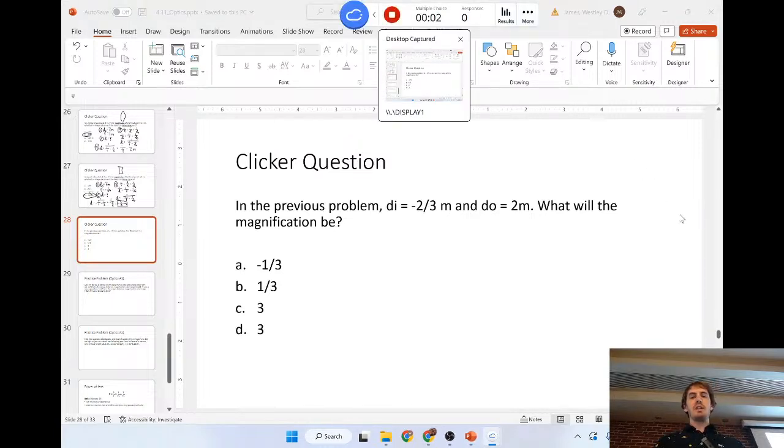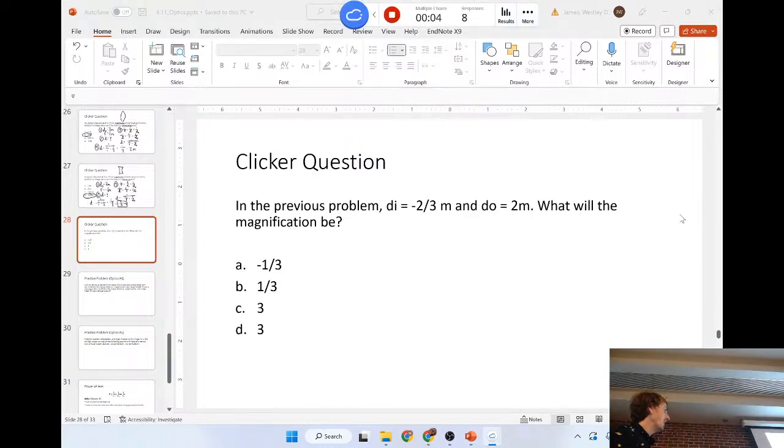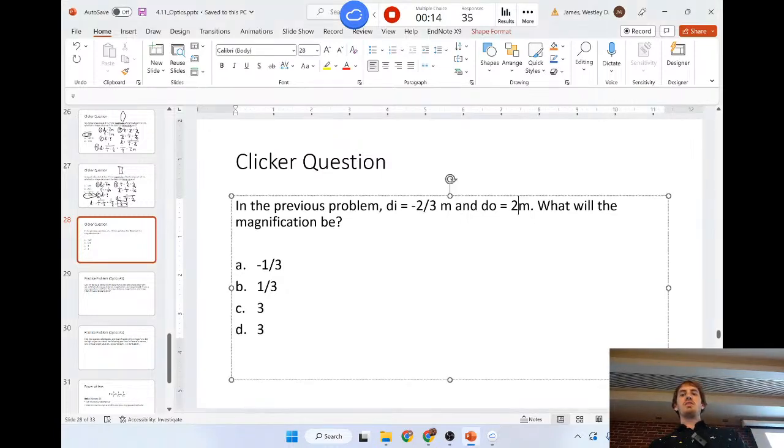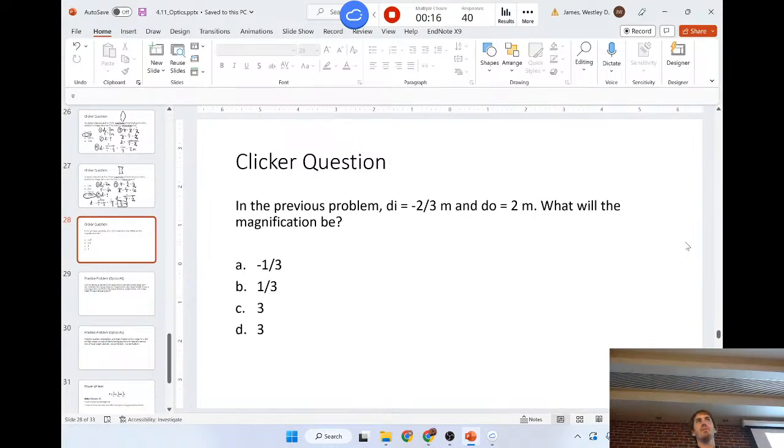If you did, whatever. I'll go back and just give everyone the points. Life will be good. In the previous problem, DI equaled -2/3 and DO equaled 2 meters. What will the magnification be? So taking our answer from the last one to find this. This is a good two-step problem. You had to find the image distance so that in turn you could find the magnification.